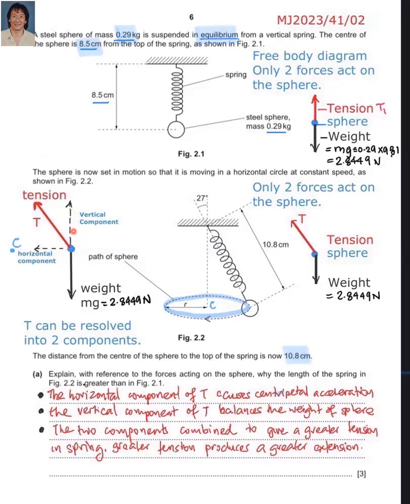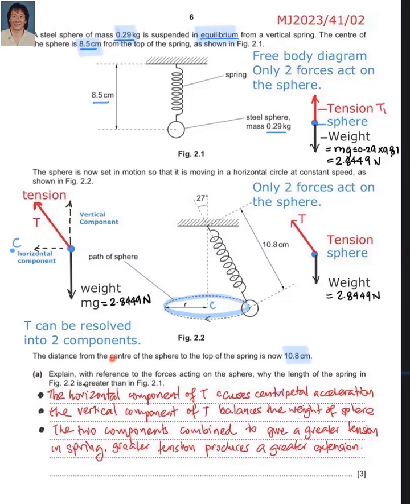The vertical component is equal to the weight of the sphere, so it will be the same as T1. The horizontal component, which is directed towards C, will provide the centripetal force for the sphere to move in a circle. So for this question, you need to know how to resolve force into two different components.